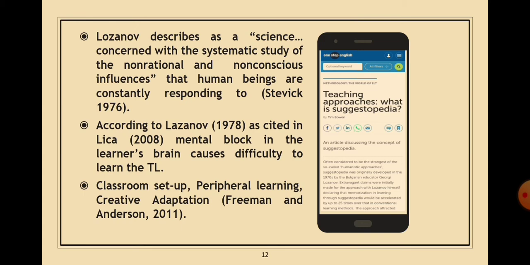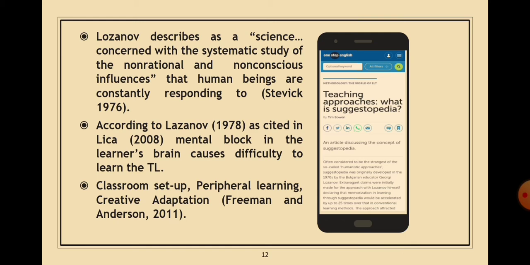To eliminate these barriers, there is an integration of fine arts. This Suggestopedia method views music as a therapy or relaxation for the learners to easily indulge in the target language. So there is an integration of arts.